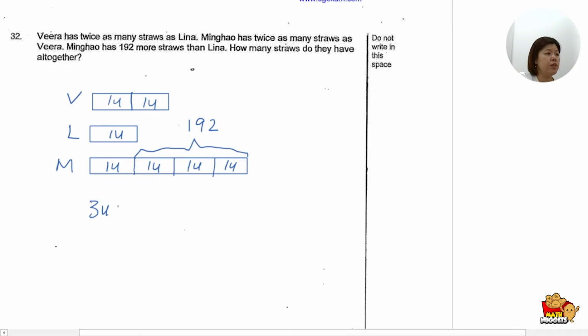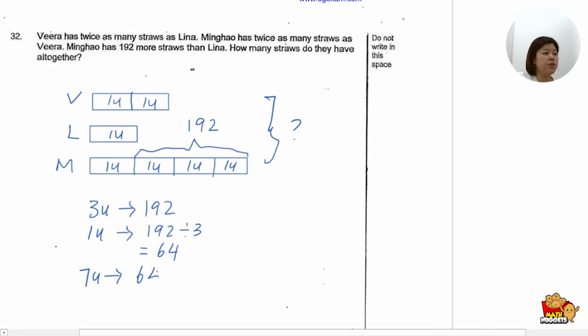So 3 units equals 192. 1 unit is 192 divided by 3, which will give you 64. So they want to find all together, which is 4, 5, 6, 7 units, equals 64 times 7, equals 448.